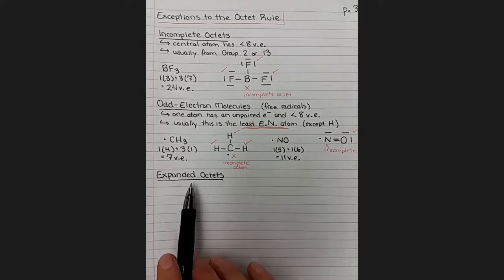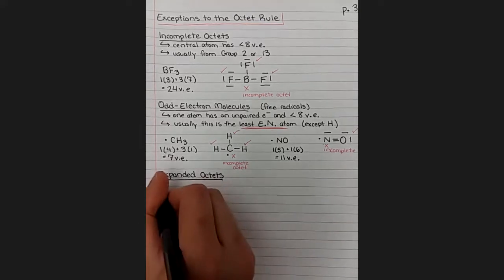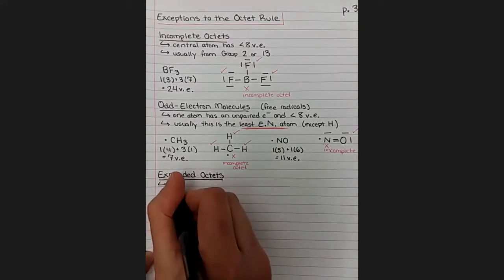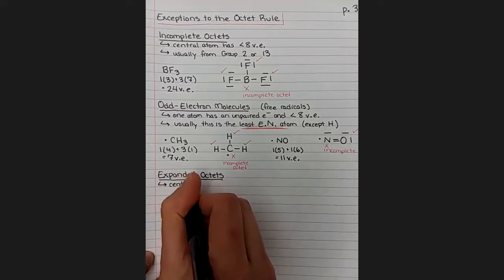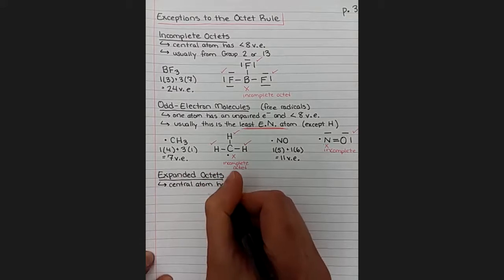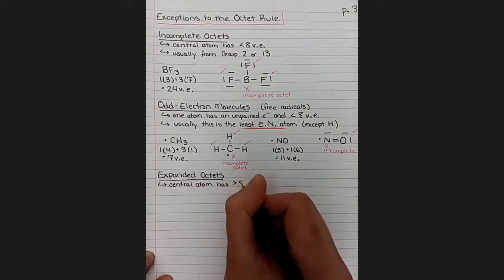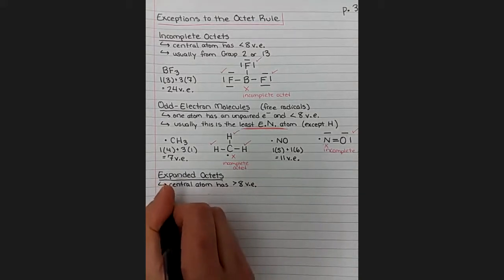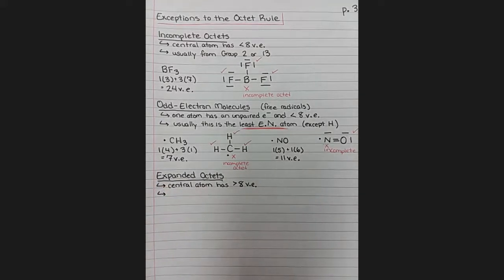So now the third category of octet rule exceptions is expanded octets, my personal favorite, because it's the most useful in inorganic chemistry. So in an expanded octet, the central atom can take more than 8 valence electrons. And you might wonder, if something takes more than 8, where does it put them?